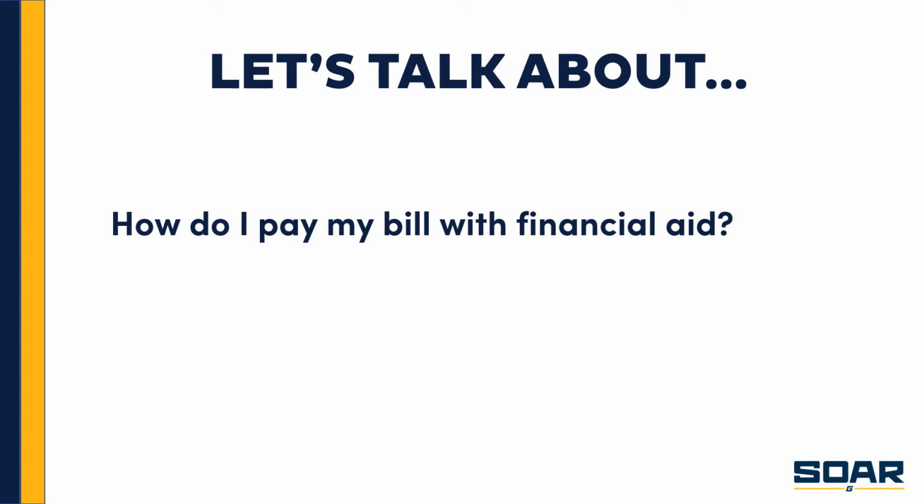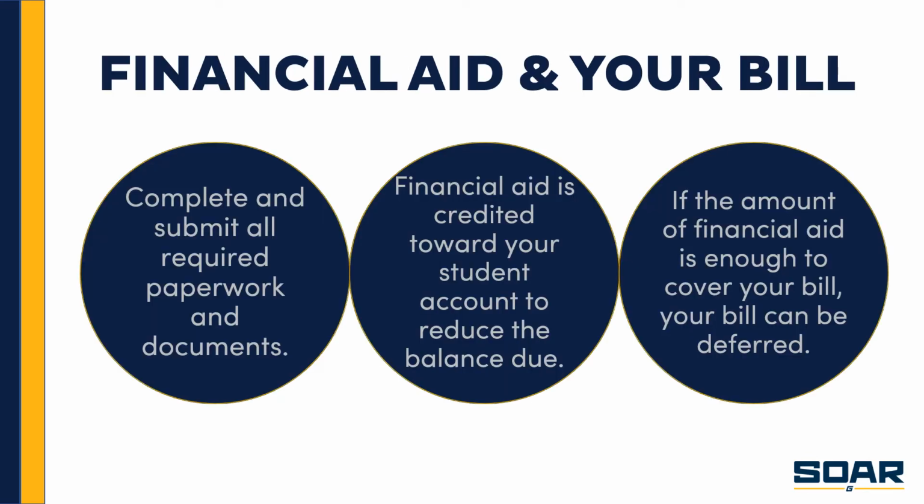So the question now is, how do I pay my bill with financial aid? Well, let's explore this. Usually by this time you have completed all of the requirements to be offered an award, but there may be some other requirements that need to be completed to get the aid credited or paid on your bill.